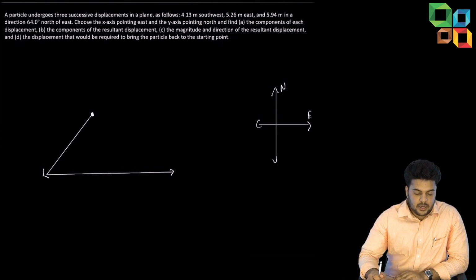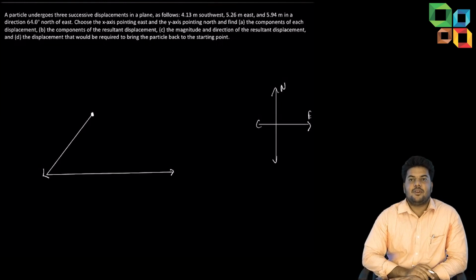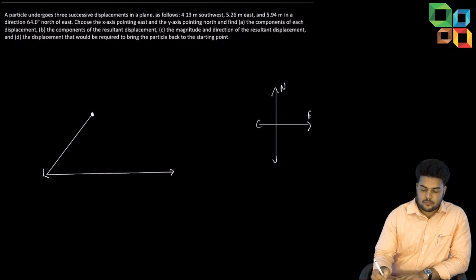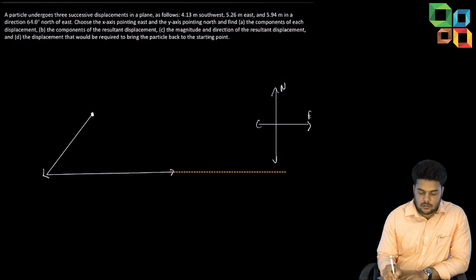And 5.94 meters in the direction 64 degrees north of east. How do we do that? So here's the east direction. Here's the north direction.